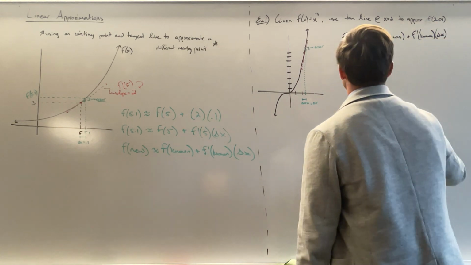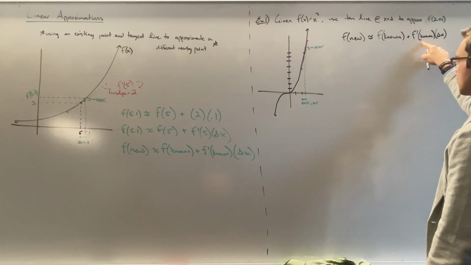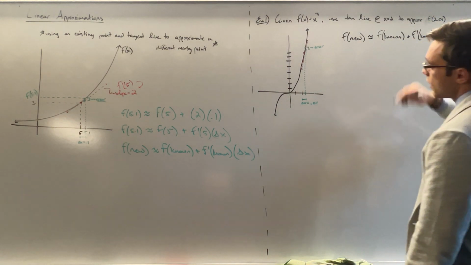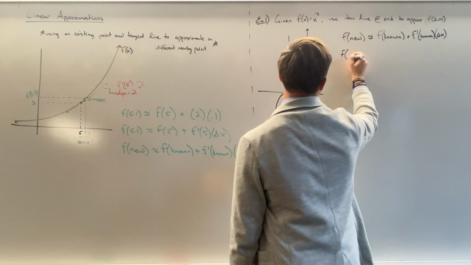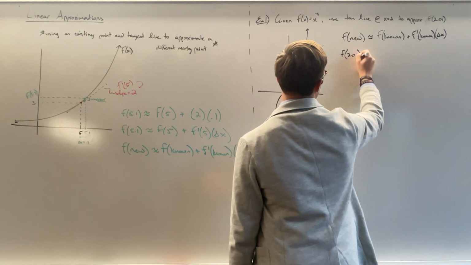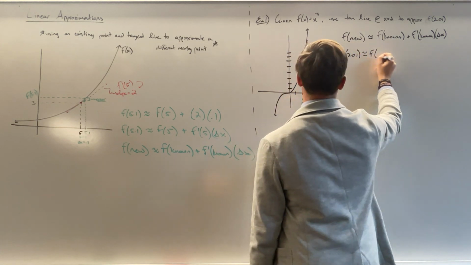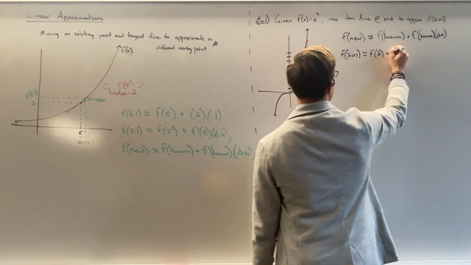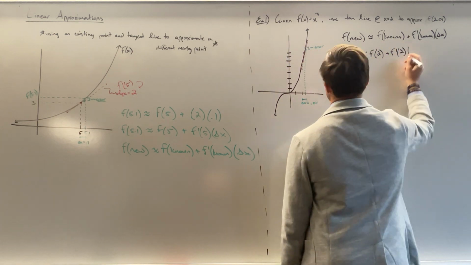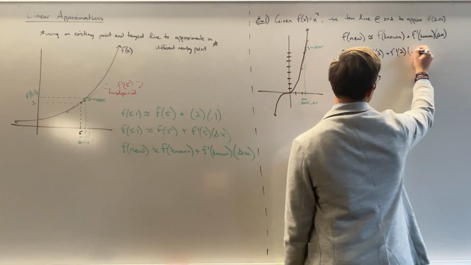So f of new is approximated by f of known plus the derivative of the known point times the small move. So f of 2.01 is approximately f of 2 plus f prime of 2 times our delta x, 0.01.